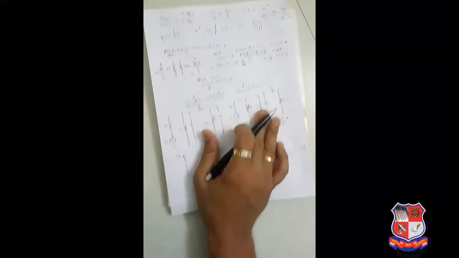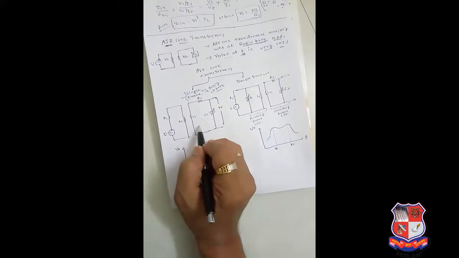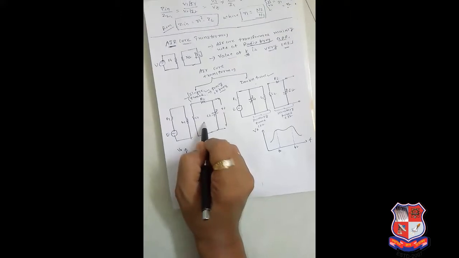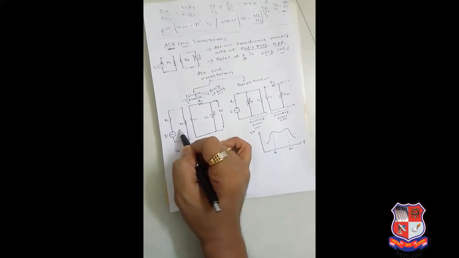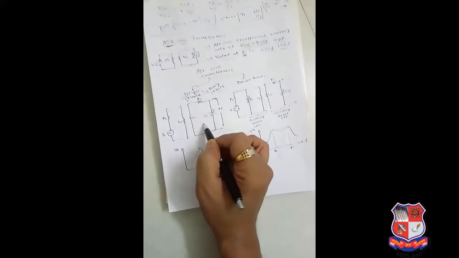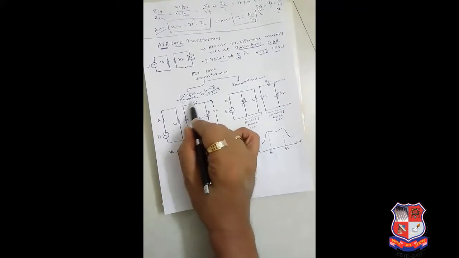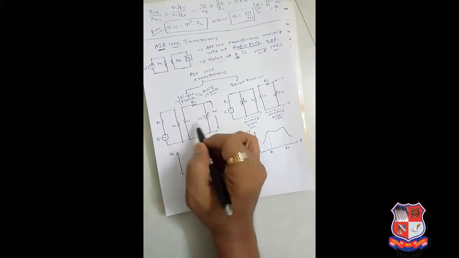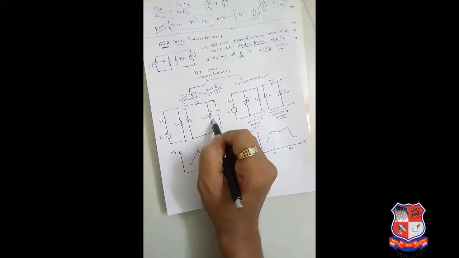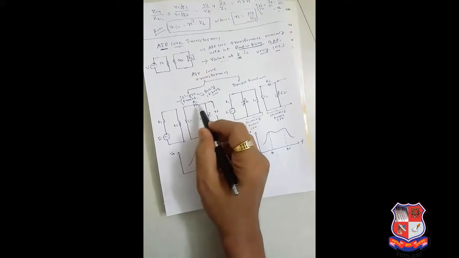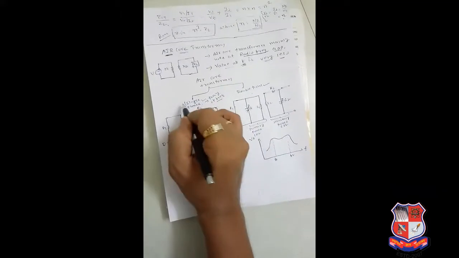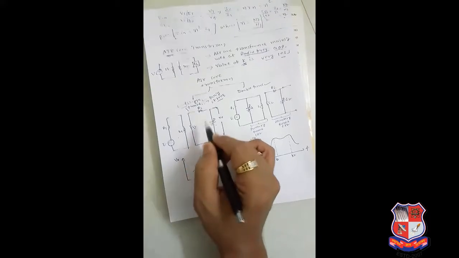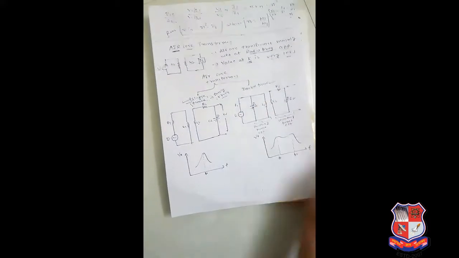In the circuit diagram of the single tune transformer, at the primary side we connect an alternating source, and at the secondary side we have one LC tune circuit. So only one tune circuit is there at the secondary. That's why it is called a single tune air core transformer.